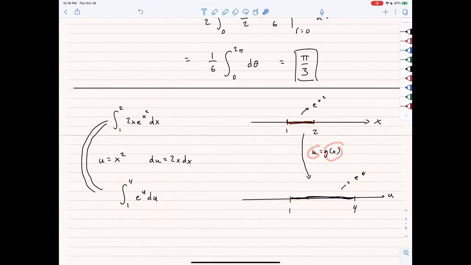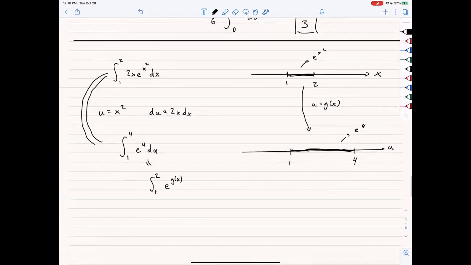And this reparameterizes our interval. We want to stick this function into our integral. And what we would like to say is, okay, the integral here is equal to the integral we had, 1 to 2 of e of g of x.